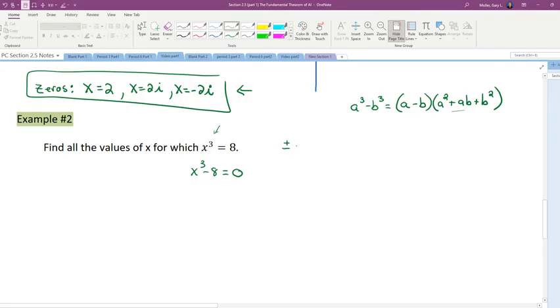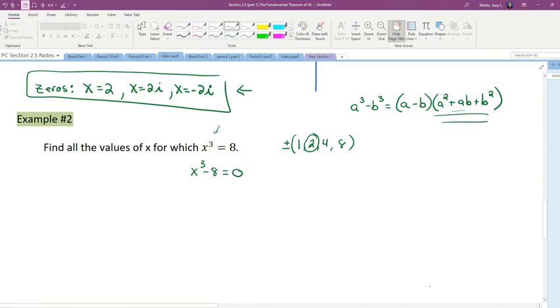So I can do my factors of 8, and then I can start checking them. However, didn't we all just agree a second ago that 2 is a 0? We already know that 2 cubed equals 8, so I already know that works. What I don't know, if I don't remember this rule, is what the other factor is.